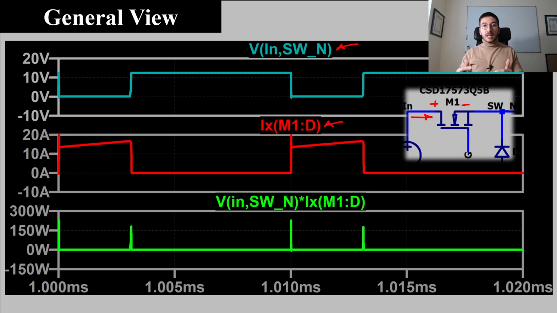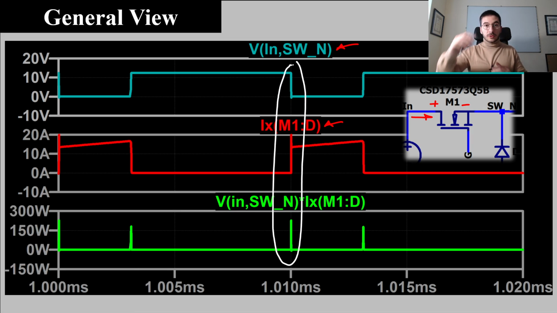And in the bottom we have the product of both waveforms, the instantaneous power. So as we saw in the theoretical explanation, here we turn on the device, the voltage across the device falls, the current through the device rises, and we have a peak in the instantaneous power that we see here.